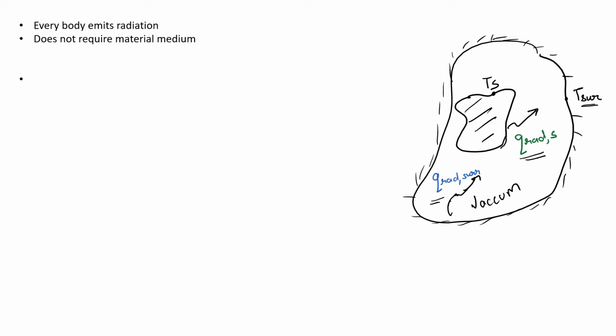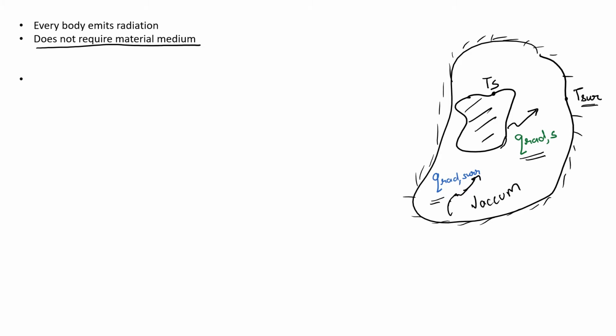And because this radiation is in the form of electromagnetic waves, it does not require any material medium for heat transfer, unlike convection and conduction. So mostly radiative heat transfer does not require any material medium, and every object that is not at an absolute zero temperature will emit some radiation.